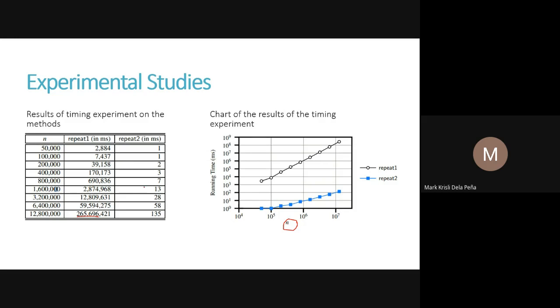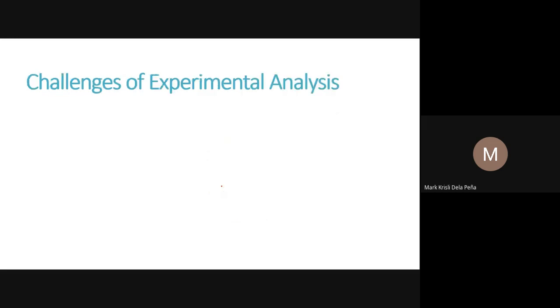Okay, so again, that's one way of measuring the efficiency of an algorithm through experimental studies, meaning you have to run the algorithm in a computer, in the same computer. When you compare algorithms, you have to run all of them within the same computer.